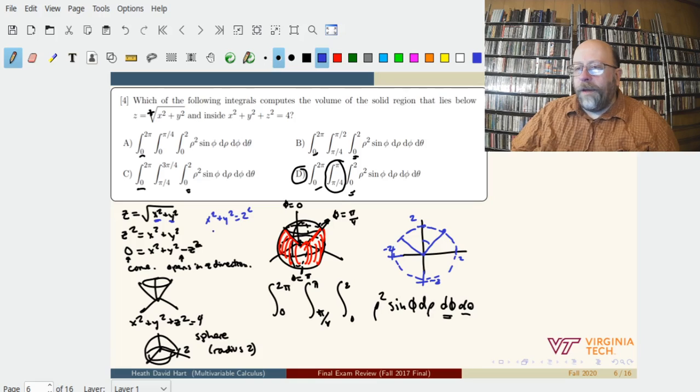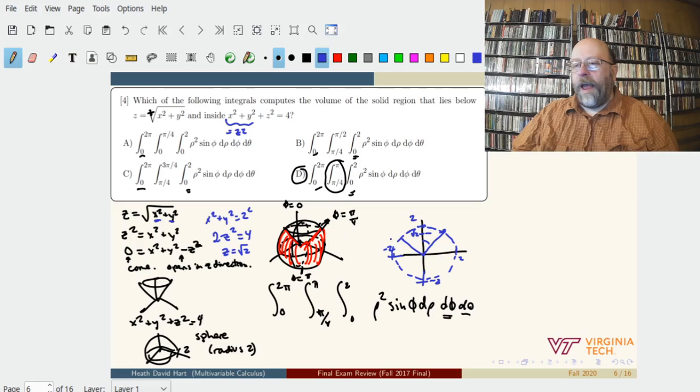Here's a better way. It's the intersection of these two surfaces. And so what we have is x squared plus y squared is equal to z squared. And so we get z squared plus z squared is equal to 4. 2z squared is equal to 4. And so z is equal to square root of 2. And so the height right here is going to be square root of 2.